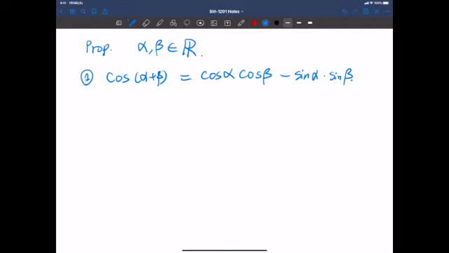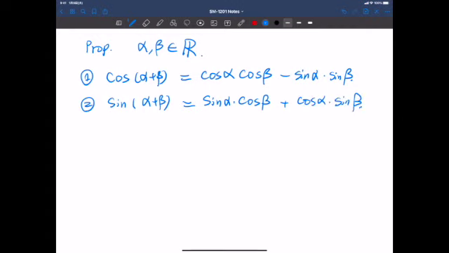So that's the first part, and the second part is sine alpha plus beta is equal to sine alpha cosine beta plus cosine alpha sine beta.